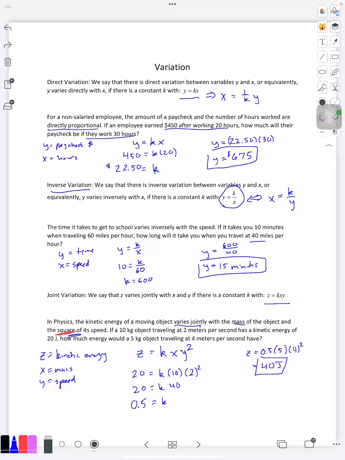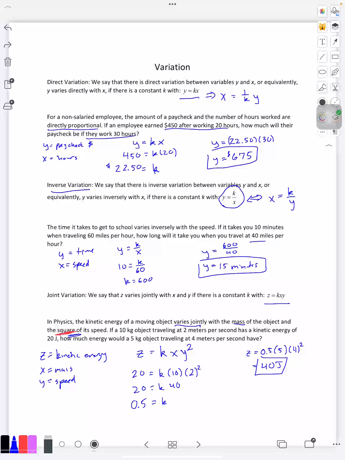So even though the second object is half the size, 5 kilograms instead of 10, and on the other hand, traveling twice as fast, 4 meters per second versus 2, it actually has double the kinetic energy of the larger object. It's an interesting fact about how things work in physics, that when you're proportional to the square of the speed, that ends up being a bigger factor in what the kinetic energy is going to be.